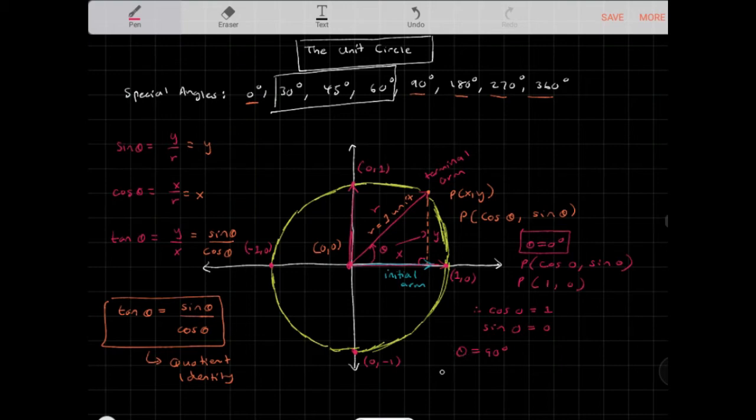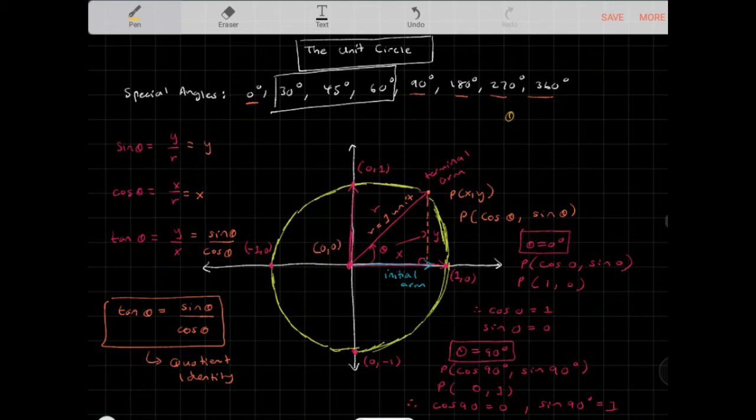And relative to the angle, this is cosine 90 degrees and sine 90 degrees, and this would also be related to its point in the x and y coordinate 0 and 1. So this tells us that cosine 90 is equal to 0 and sine 90 is equivalent to 1. Okay, so those are the values for cosine 90 and sine 90. Let's take a look at another example here.